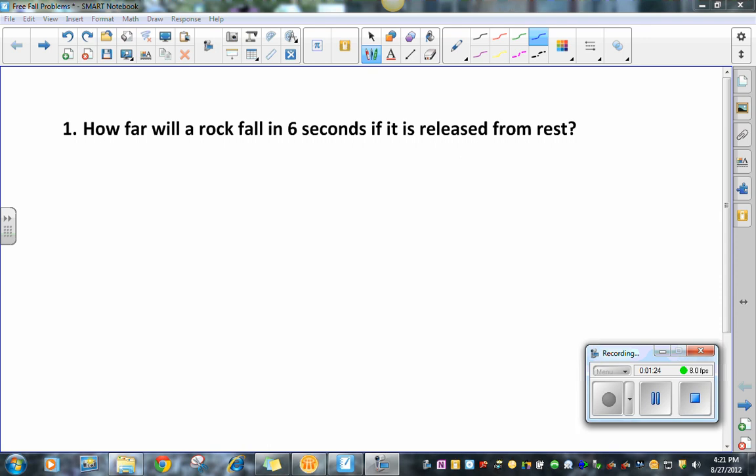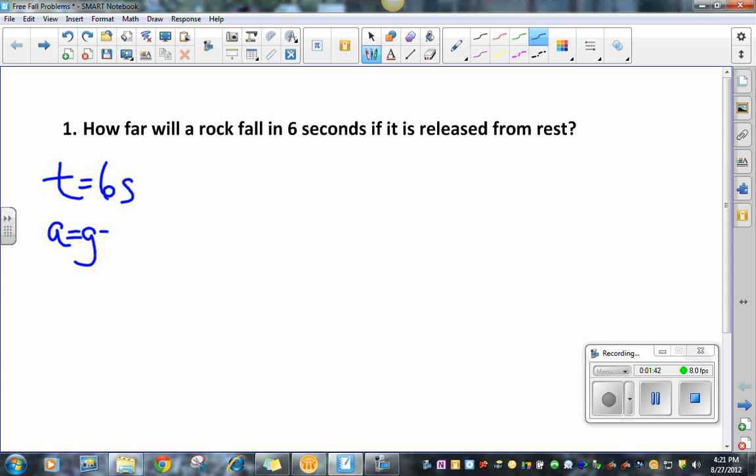All right, so for our first problem, how far will a rock fall in 6 seconds if it is released from rest? Okay, so we know some of the things in this problem. We know the time is 6 seconds. We know that our acceleration due to gravity, a or g, whichever one you want to use, is going to be negative 9.8 meters per second squared, and it's released from rest.